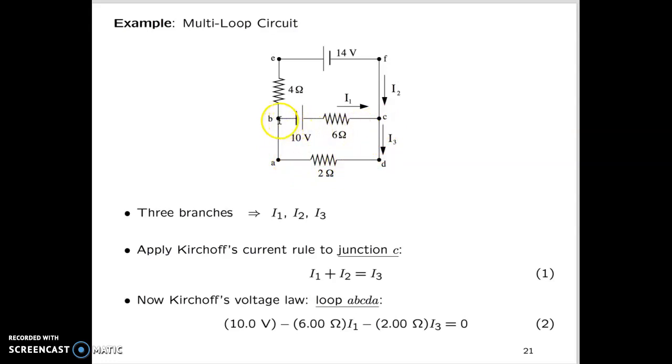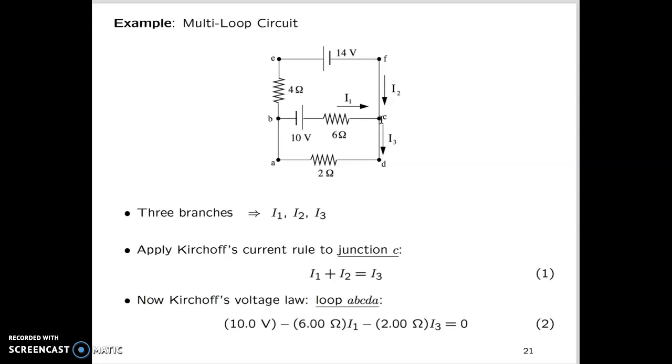So I go from junction B to junction C without crossing any other junctions. That means it's a single path, or a single branch. Likewise, B to C in here, that's another branch, no junctions in between. And B to E, F, and to C in that direction, another branch, no other junctions in between.